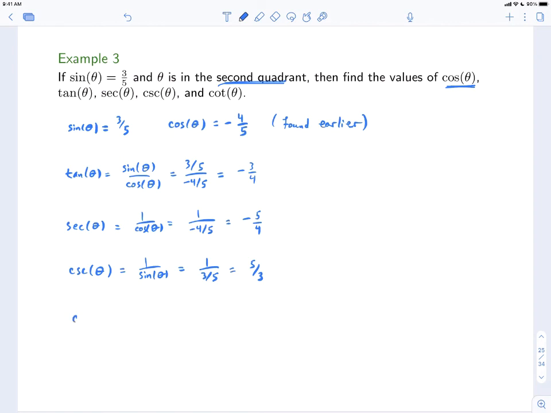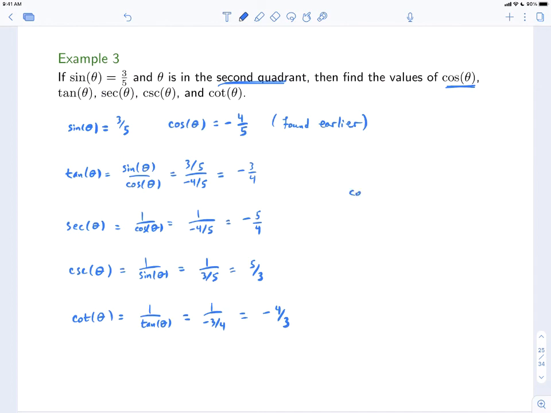And finally, we have cotangent of theta is 1 over tangent, or cosine over sine, depending on how you like to look at it. Let's write it as 1 over tangent, and that's going to be 1 over negative 3/4, so that's negative 4/3.